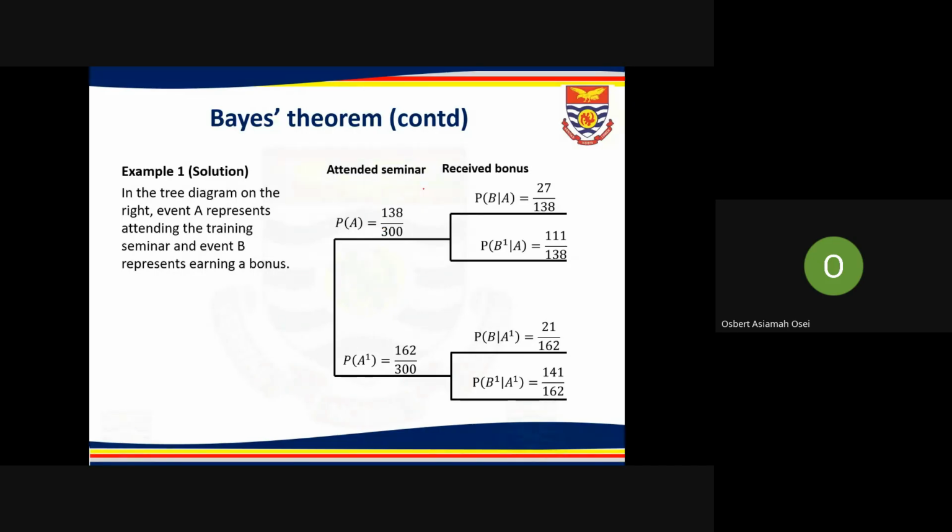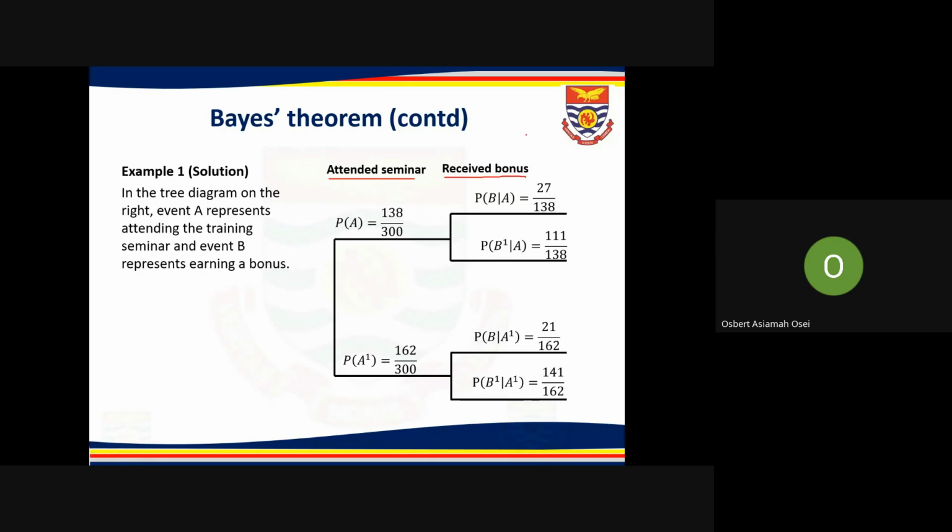So we have two events here: those who attended the seminar, and the other event is those who received bonuses. In total, there are supposed to be 48 who received bonuses.